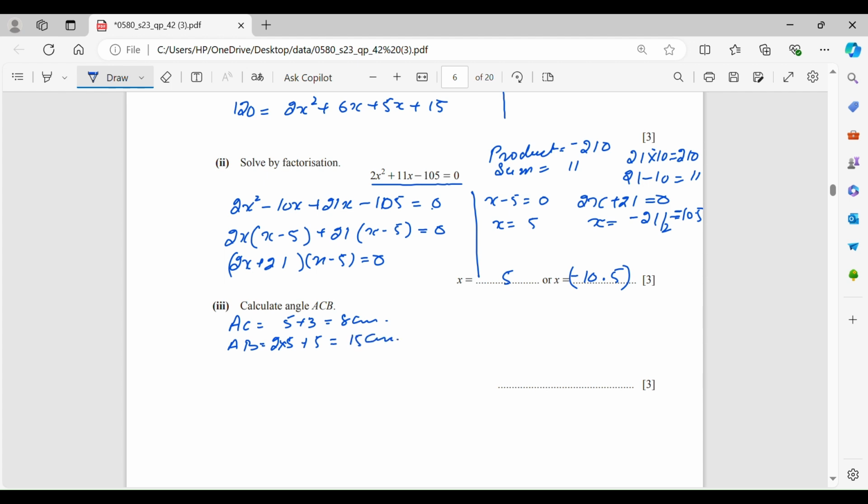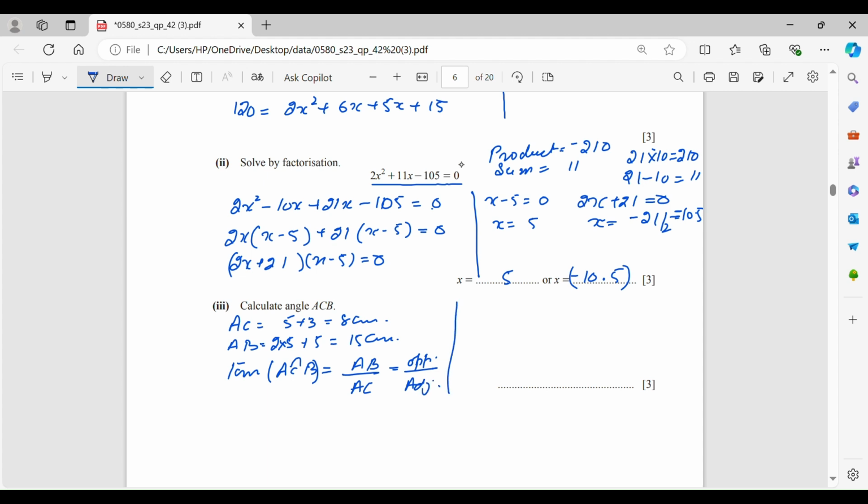Now we can use the trigonometric ratio for tan of angle ACB. This will be equal to AB over AC, that is opposite over adjacent, right?